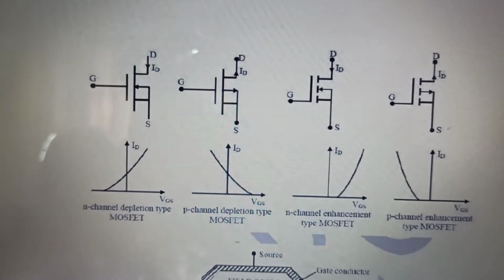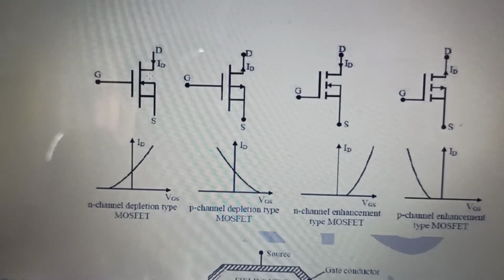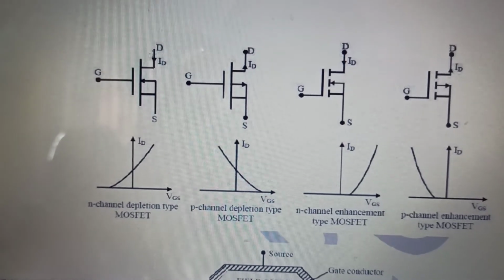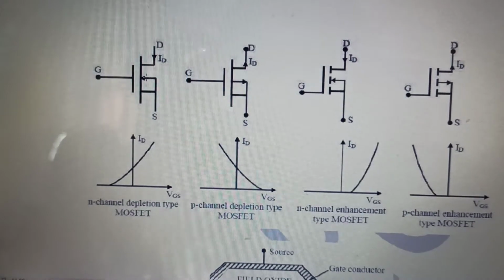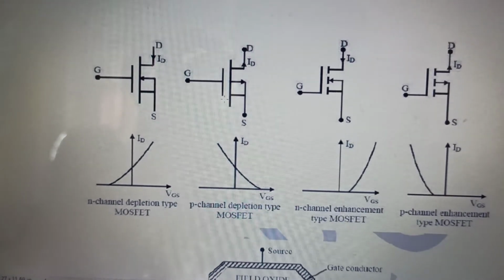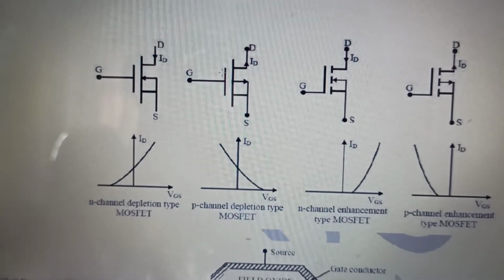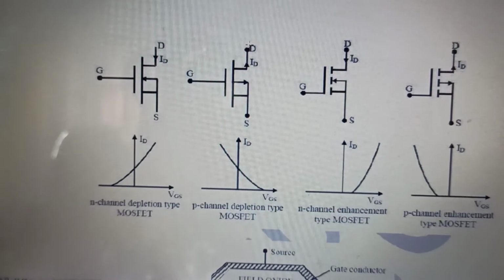In the N-channel MOSFET, it is clearly shown that the current is entering through the drain, while in the P-channel MOSFET, it can be easily concluded that the current will go out through the drain.